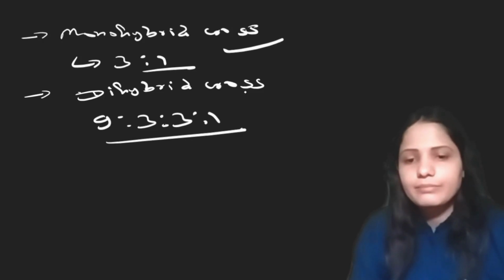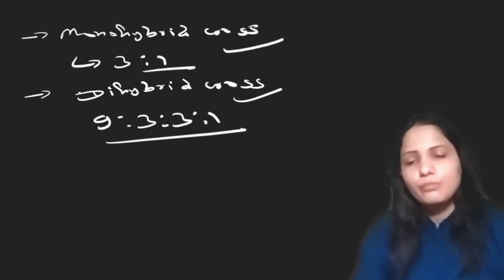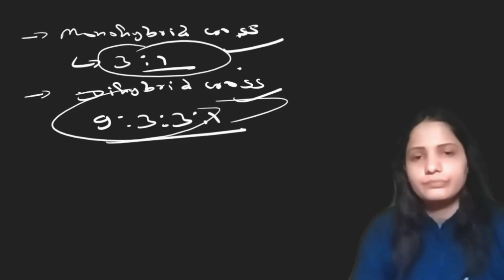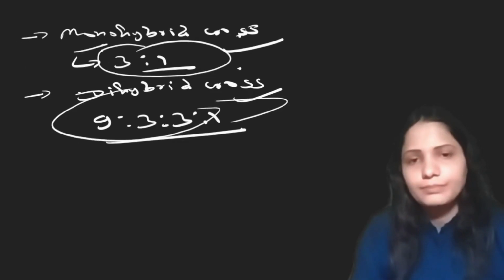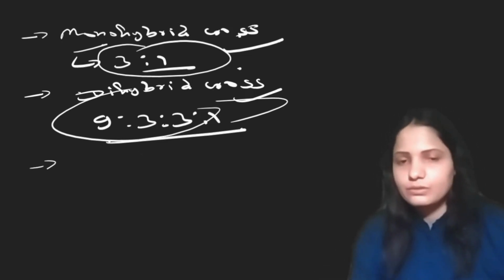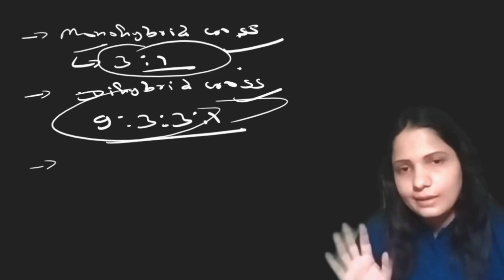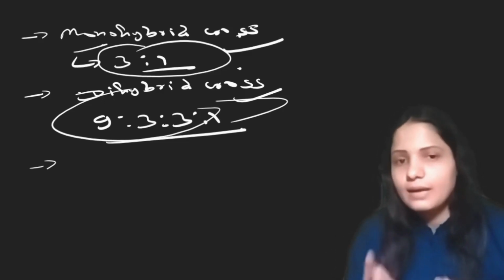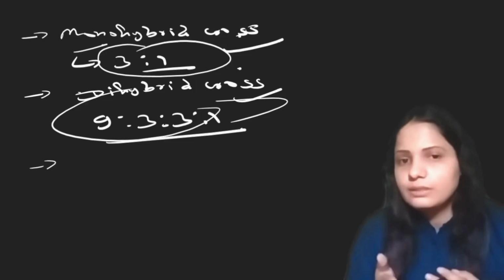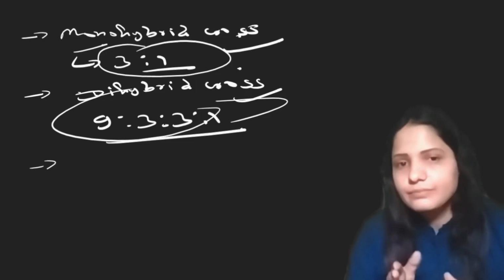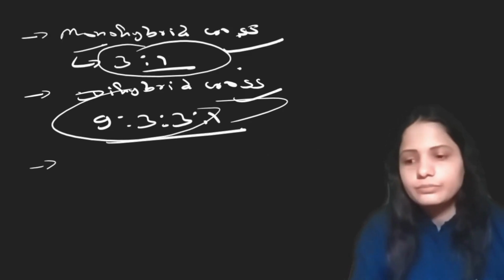You have to remember these ratios, and whenever you write about the monohybrid cross or dihybrid cross, you have to write these ratios as well. You also have to give examples of these crosses, and draw these crosses, considering any trait. You can consider flower color, or plant height, tall or short character, for drawing the monohybrid cross and dihybrid cross. Understood?